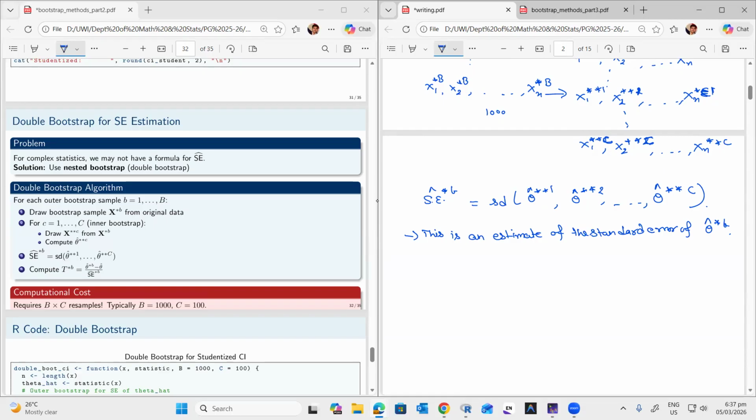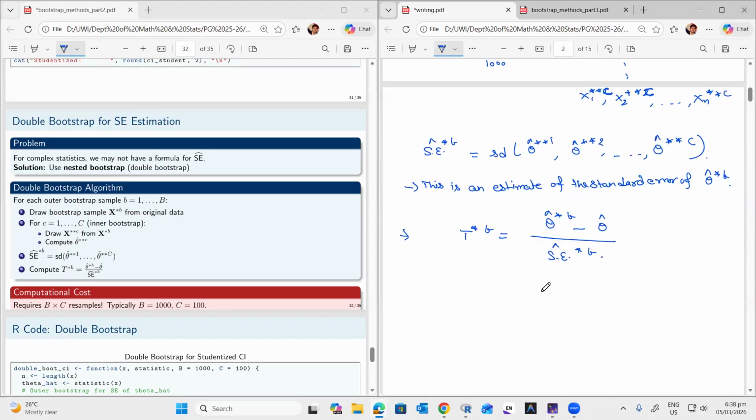After that, in the next step we will compute T star B. That will be theta cap star B minus theta cap, divided by the estimated standard error of theta cap star B. Here one situation may occur if the sample size is too small: the estimated standard error could be 0.